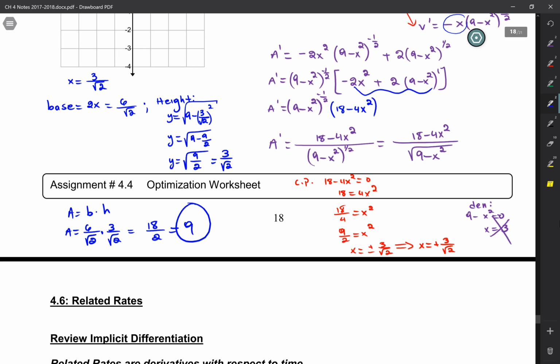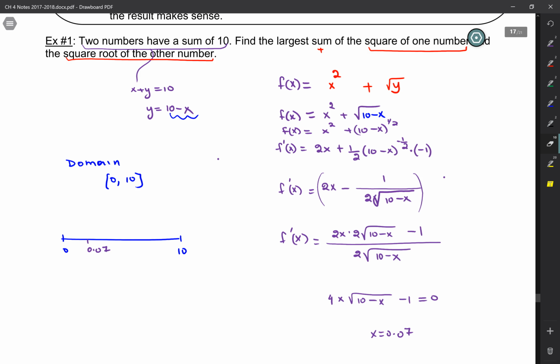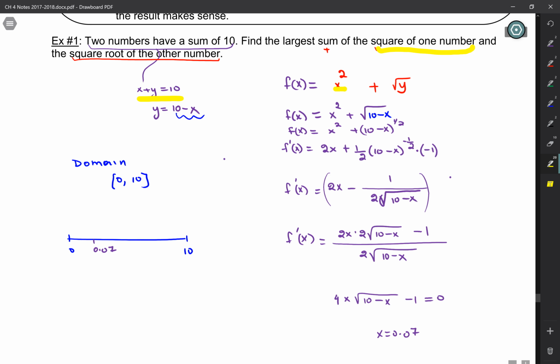Okay, so now we're talking about two numbers which have a sum of 10. So here we said x plus y is equal to 10, right? You have two numbers, x plus y is equal to 10. And then we also said to find the largest sum of the square of one number and the square root of the other number.